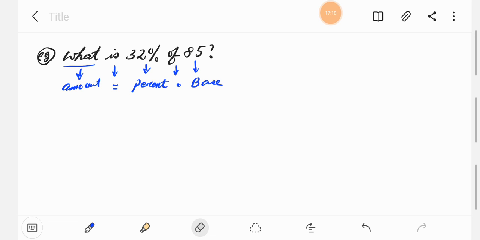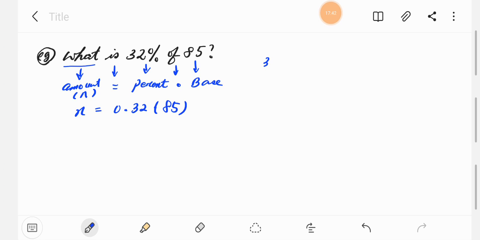So the equation is n, the amount, equals 0.32 multiplied by the base 85. You can use a or any variable, it doesn't matter.